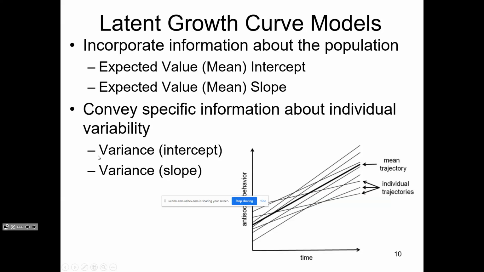If everybody makes about the same amount of progress across time, then I would expect the variance in the slope to be very low. If you got a slope variance of 0, that would be saying everybody's growing at exactly the same rate across time.